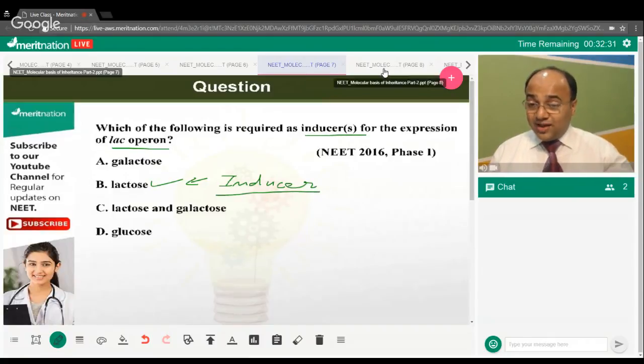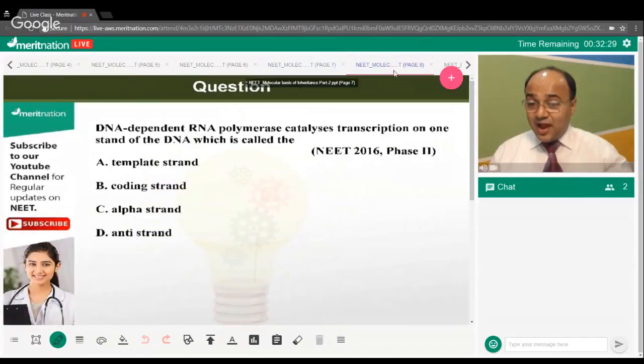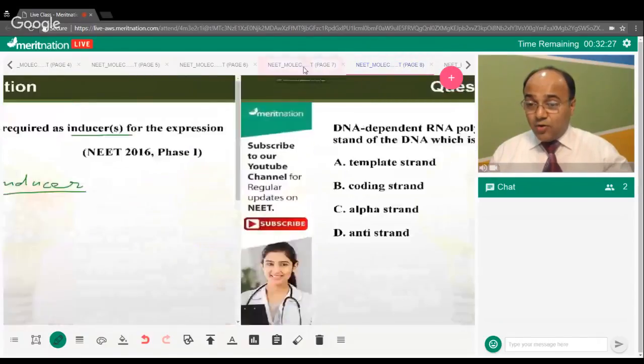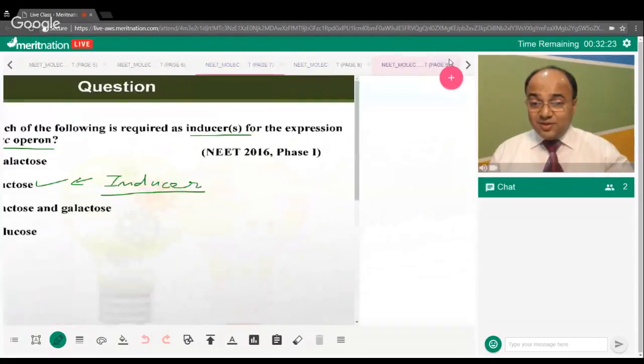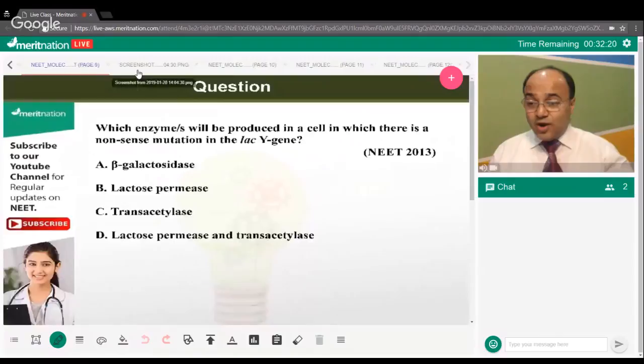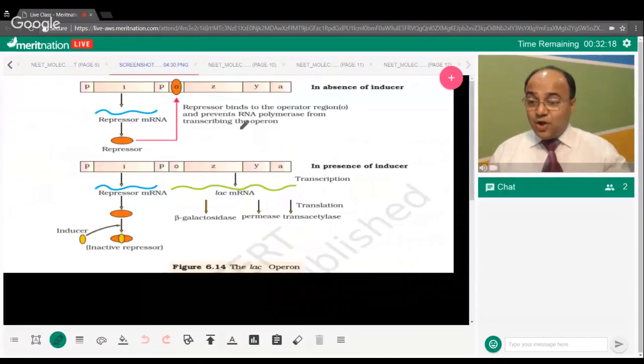So we all know this. We have seen the diagram of the lac operon functioning, right?